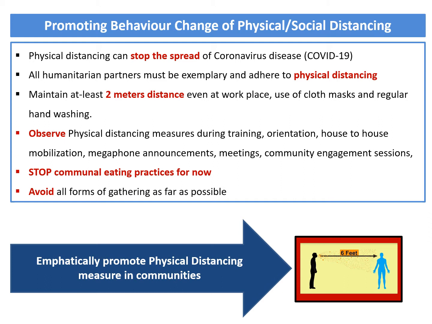So we need to emphasize physical distancing in the way we do our business. In the vehicles we use in our organizations, we need to make sure that we provide enough space between ourselves, and we use the masks as provided.